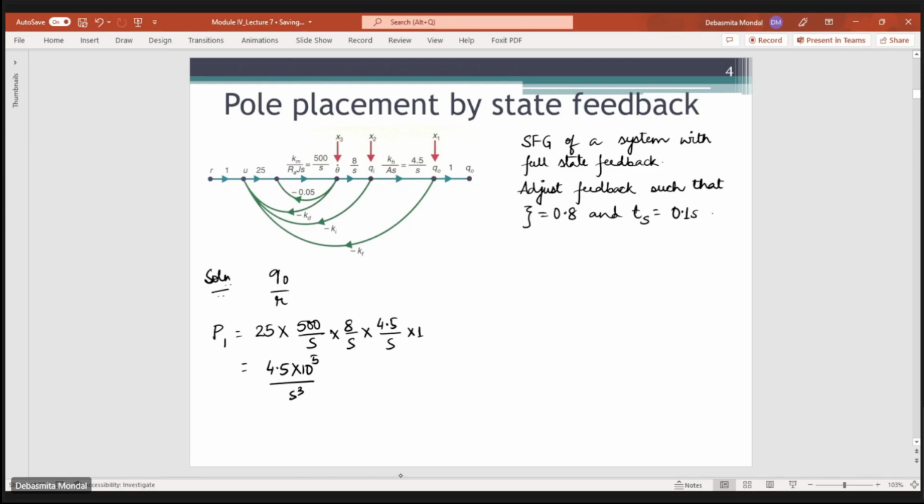The next step is you have to write the gains of the individual loops. The loops are like 1, 2, 3 and 4. There are 4 individual loops.